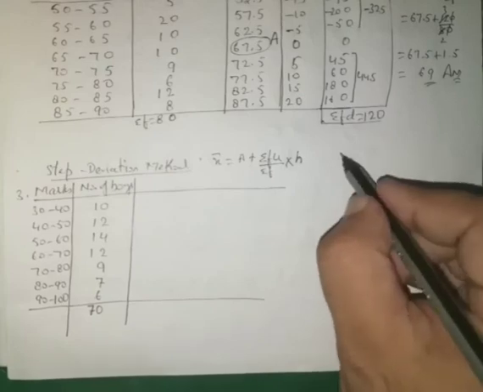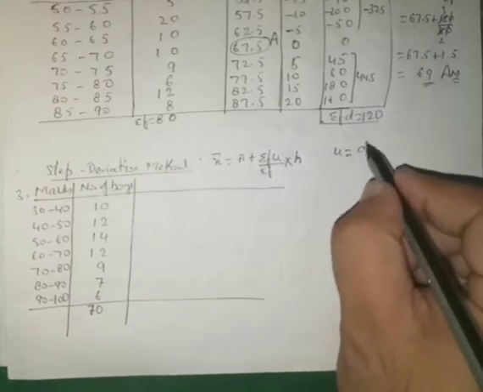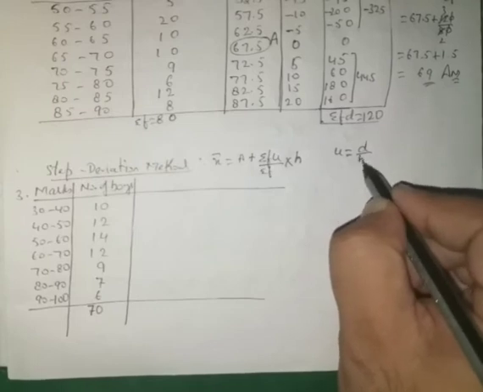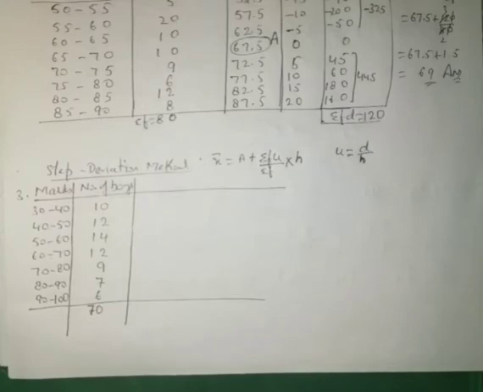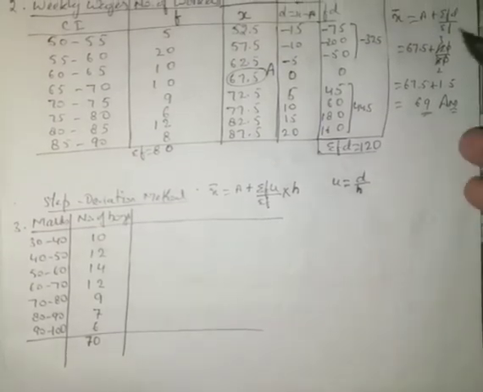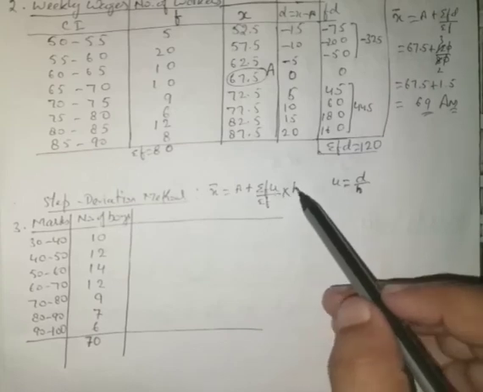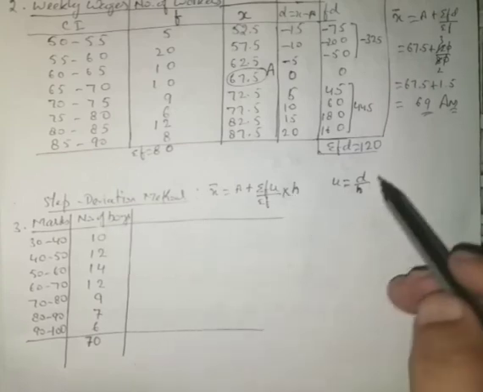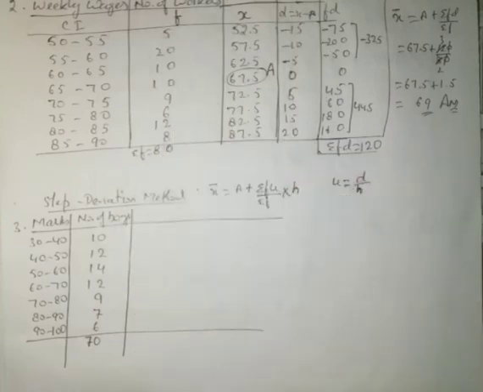Here the value of u will be equal to deviation over h. And if I use this value in the already used formula, at the place of u it will be d over h. So h and h will get cancelled. So the formula will be similar to the one we used in the shortcut method.